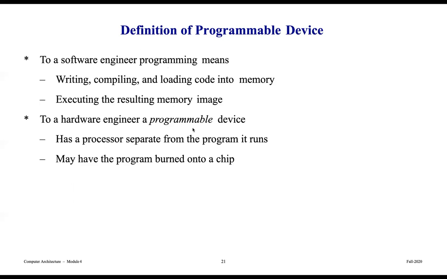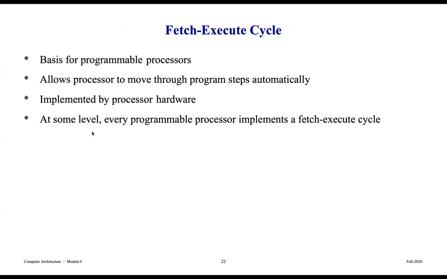For hardware, a programmable device has a processor separate from the program it runs, and may have the program burned onto a chip. So this is a little bit more dedicated, and speed, low power, and high reliability would be the kind of things that you would hear in terms of hardware processing.